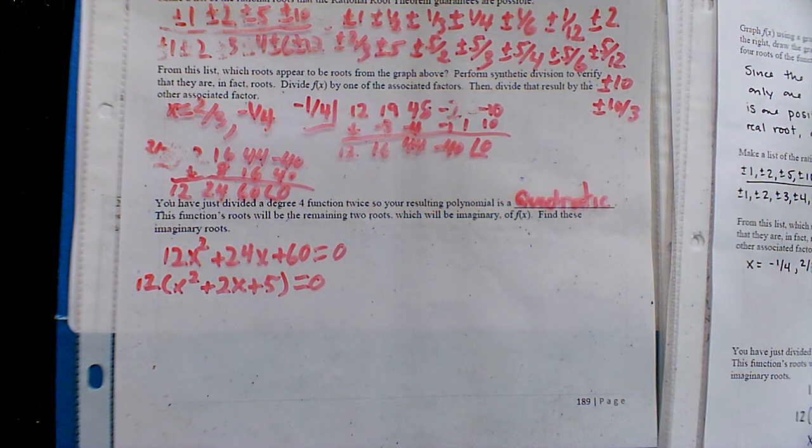So we're going to factor out that 12. Now what can we do here to make this a little easier? And it's nice because we have it equal to 0, so what can we do?